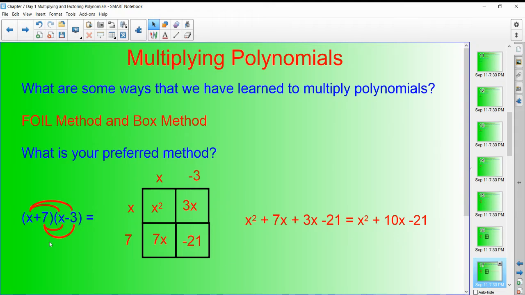Now, this is a binomial times a binomial because it's 2 terms times 2 terms. We can make this box or this FOIL as big as need be. If there's more terms, you do more multiplication, and at the end you still combine your terms to get a nice simplified expression.